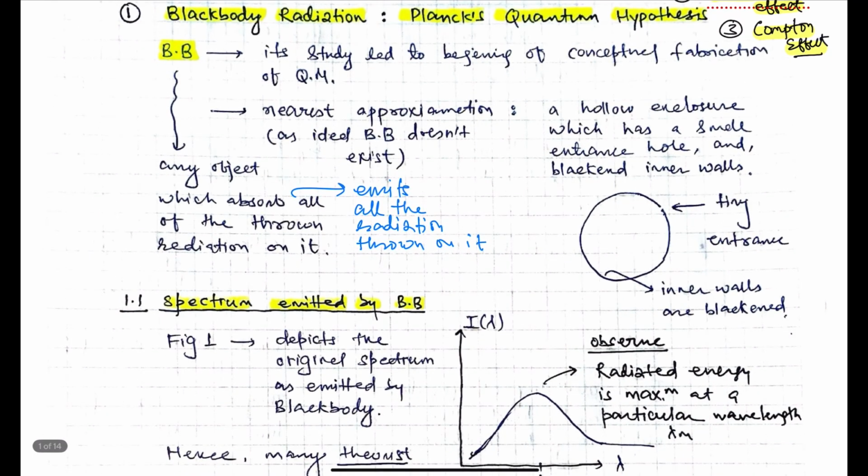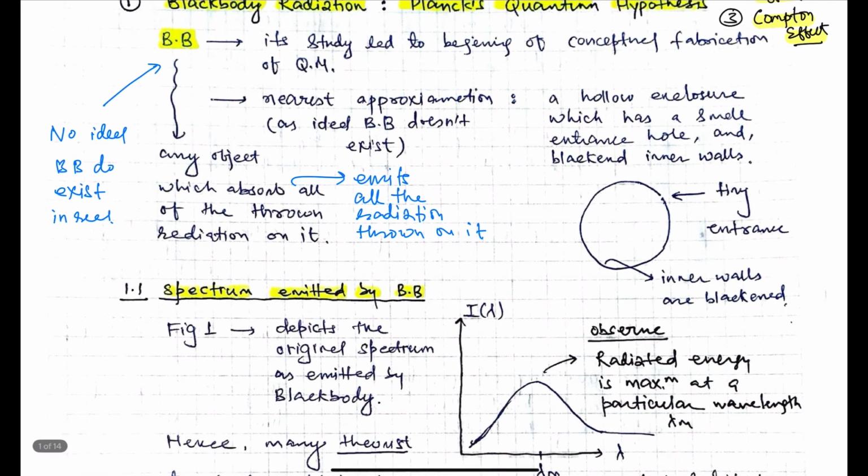Also let me clarify that no ideal black body does exist in real life. So we will start with its closest approximation. The closest approximation is a hollow enclosure which has a small entrance hole for the radiation to come inside and blackened inner walls for successive reflection, so that all the energy gets absorbed.